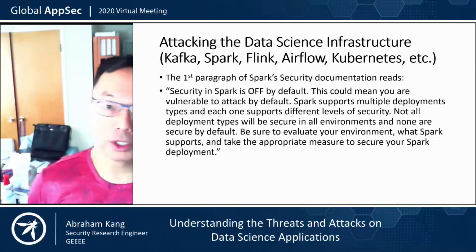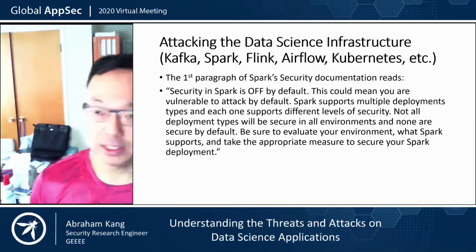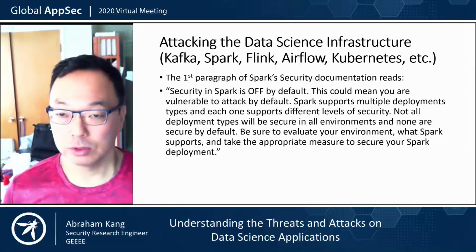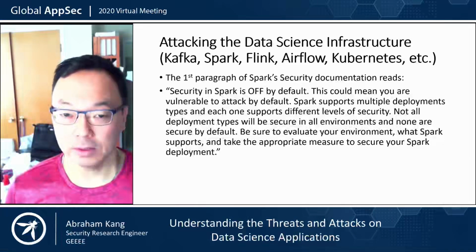So when we look at now attacking the data science infrastructure, you think about all these different tools that are used in data science applications: Kafka, Spark, Flink, Airflow, Kubernetes. And Spark is probably one of the most popular data science tools out there.